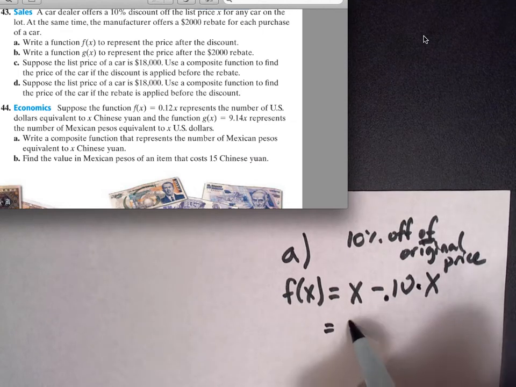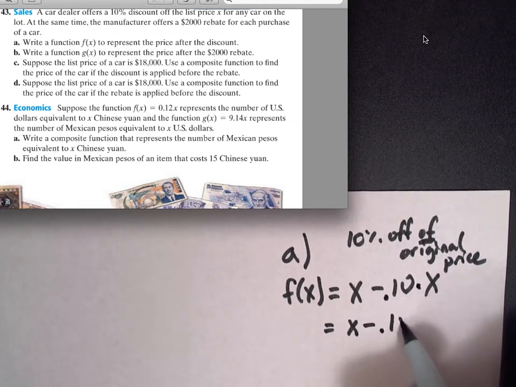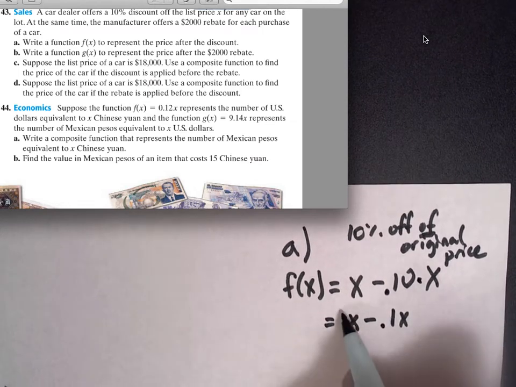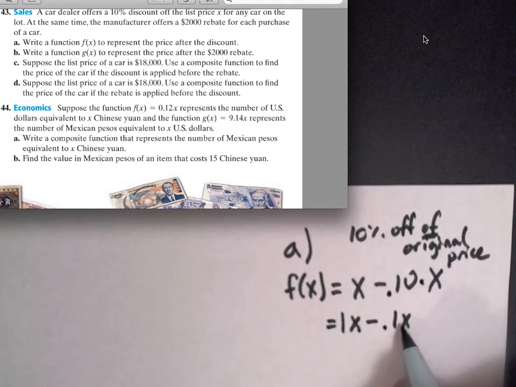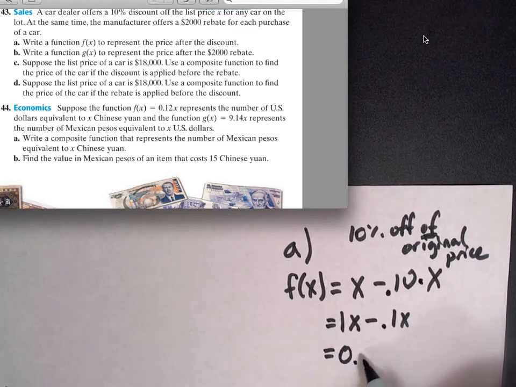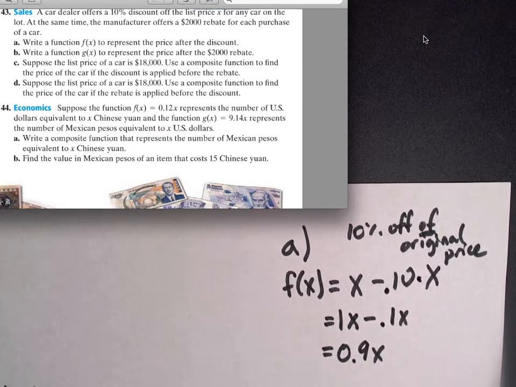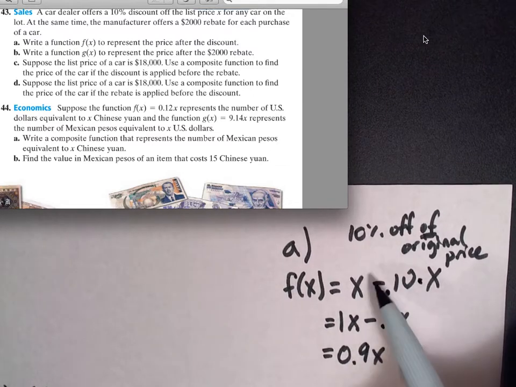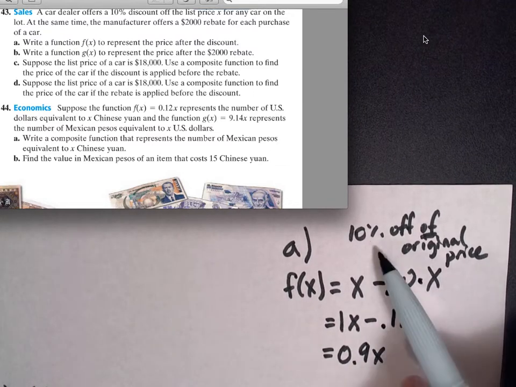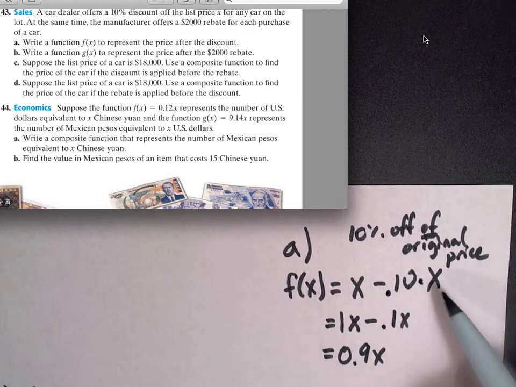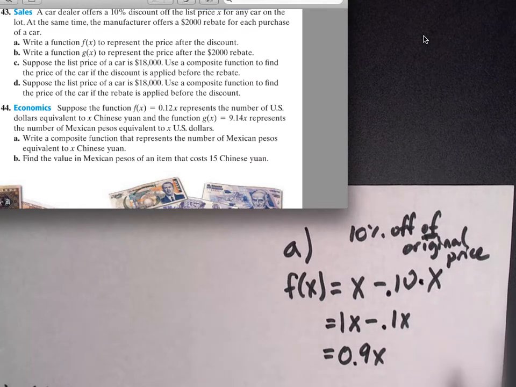So I get x minus 0.1x, and if I want to simplify that, 1x minus 0.1x gives me 0.9x. If it was 20%, it'd be x minus 0.2x. If it was 30% off, it'd be x minus 0.3x. It has to be x here because it's 10% of, and of means times the original price.